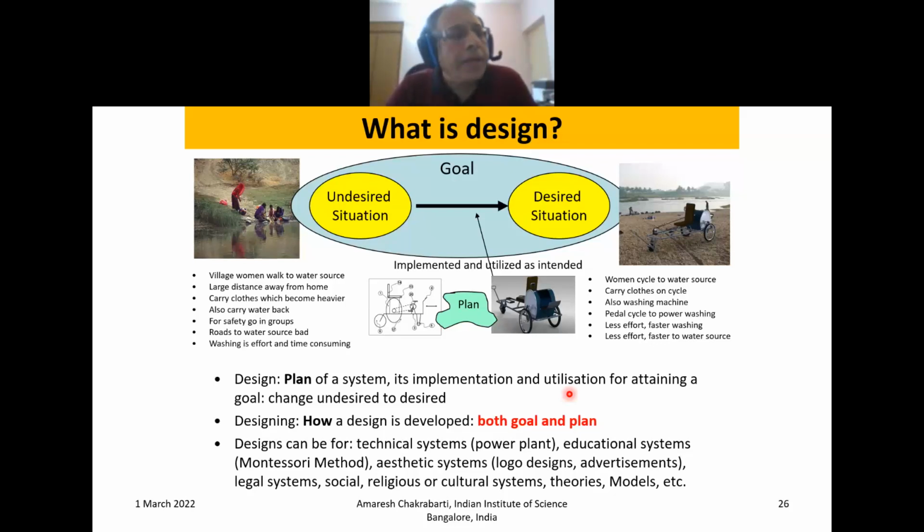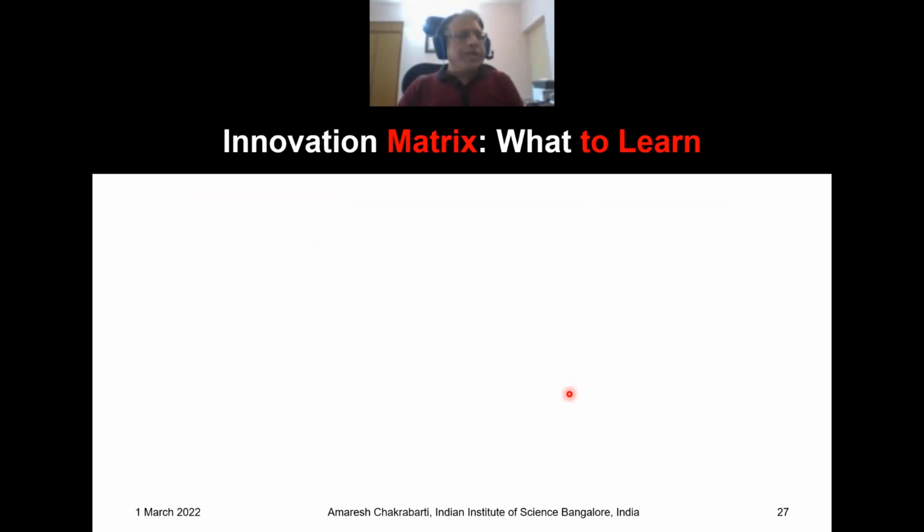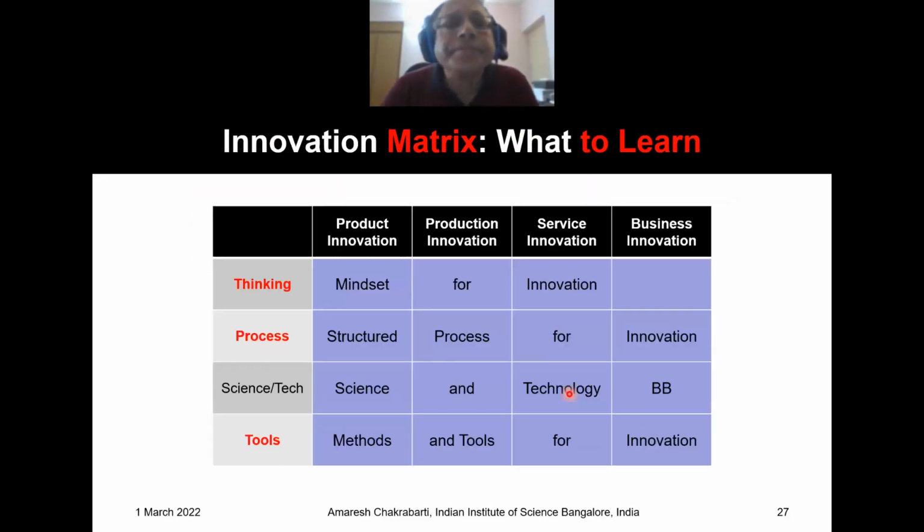They are essentially constructions with which we try to improve the situation, the undesired situation being the undesired level of understanding that you want to improve. So how do you train somebody to become a better designer? Well, our experience is that we have been teaching design for 25 years now at IISc.